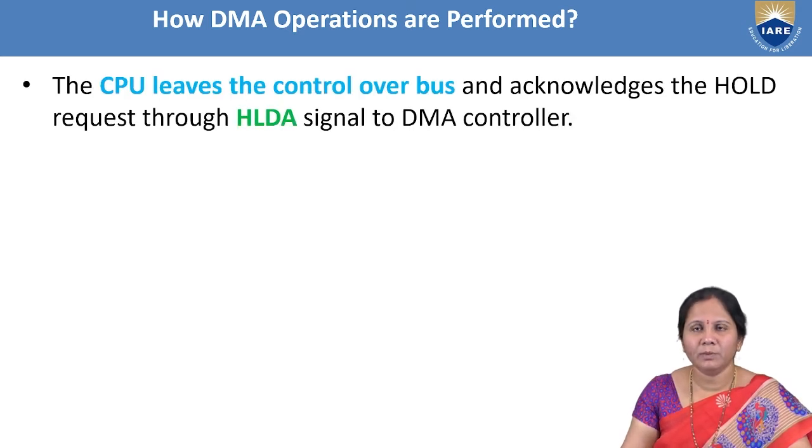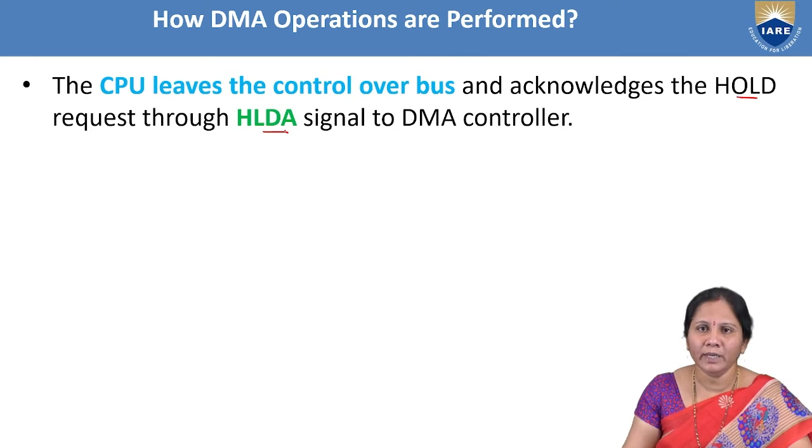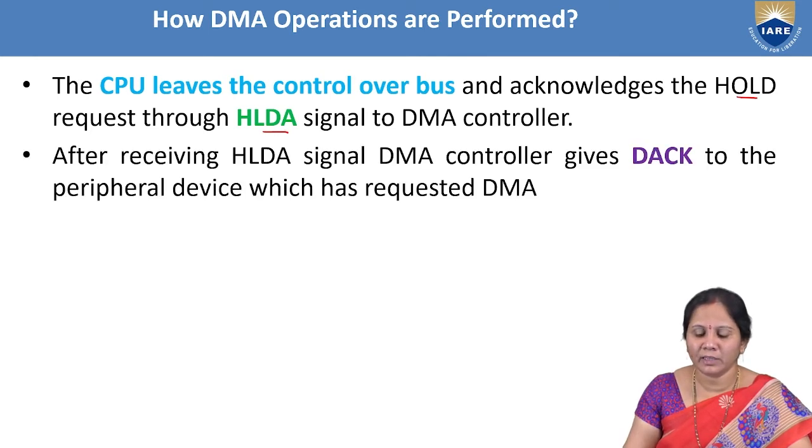Now the CPU leaves the control over the bus and acknowledges the hold request through the HLDA signal to the DMA controller. After getting the hold acknowledgement signal, the DMA controller is going to send the DMA acknowledgement signal to the peripheral device, saying that the system bus access is taken by the DMA controller and the CPU is no longer needed.